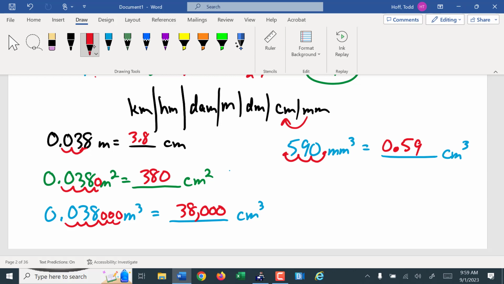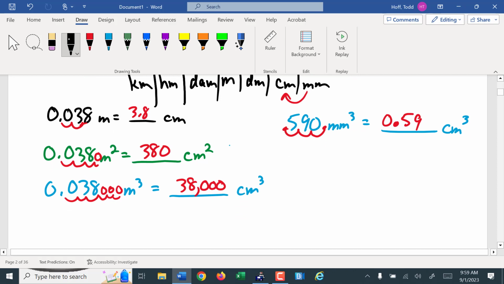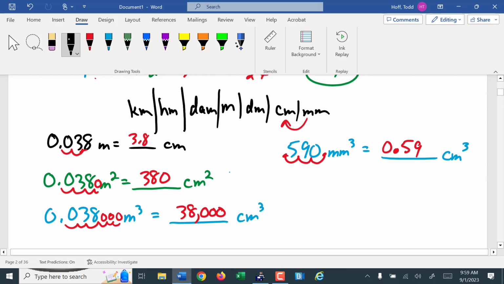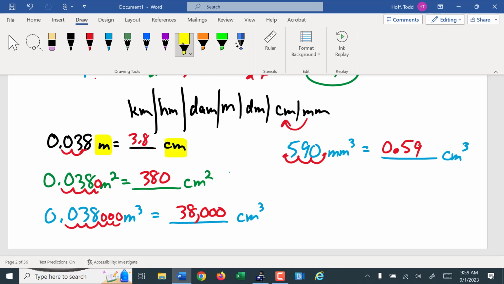Any questions there so far? With the metric? Yeah. So basically what it is, you're just looking at the power on the units. So here, going from meters to centimeters, it's 2 spots on the chart.